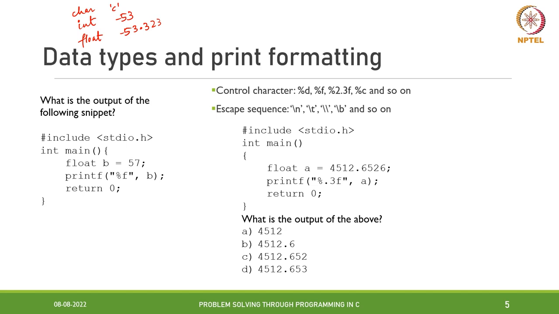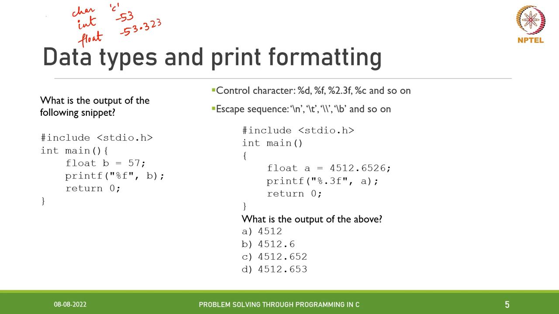It occupies 1 byte of space. We can have Boolean as well, but that is not a standard data type in C. So for now, let's be concerned only with the character, integer, and floating point data types. These are the different data types that we can define variables of.